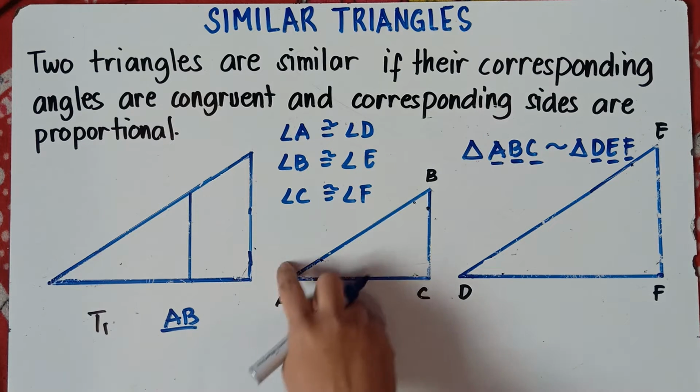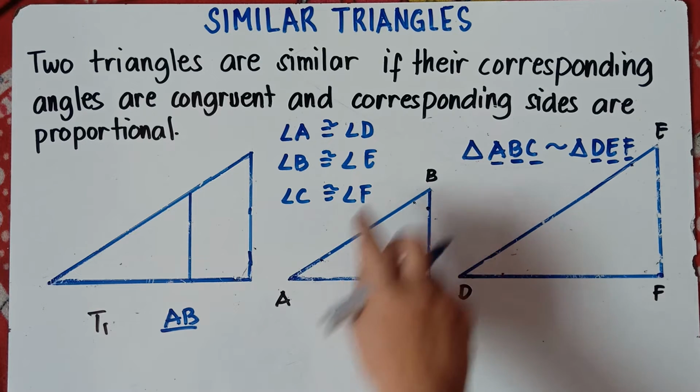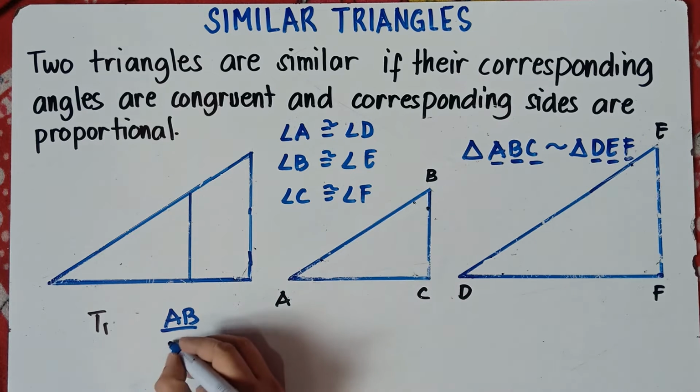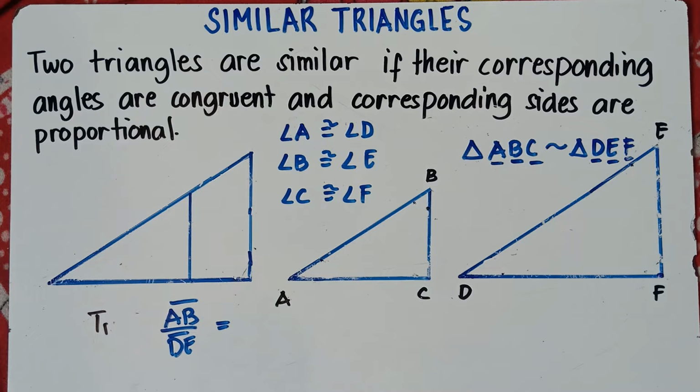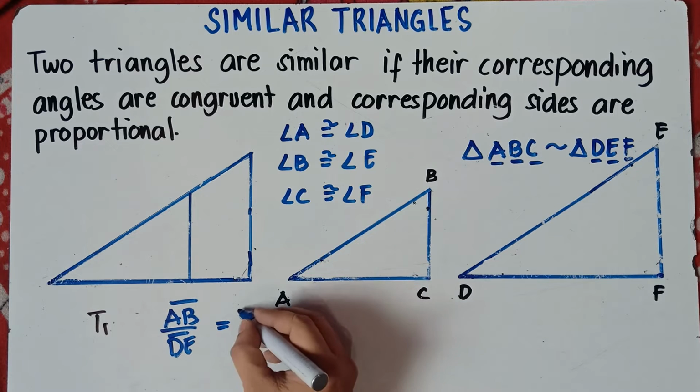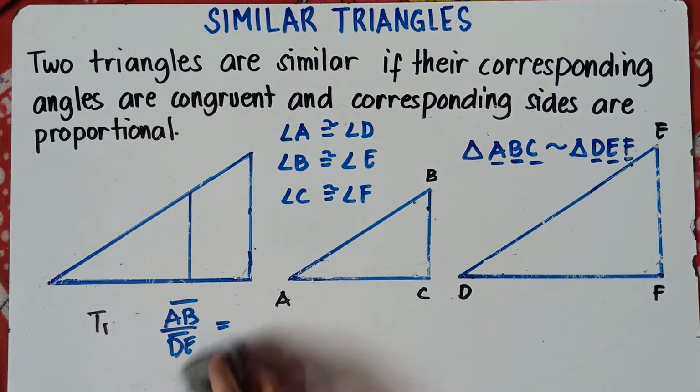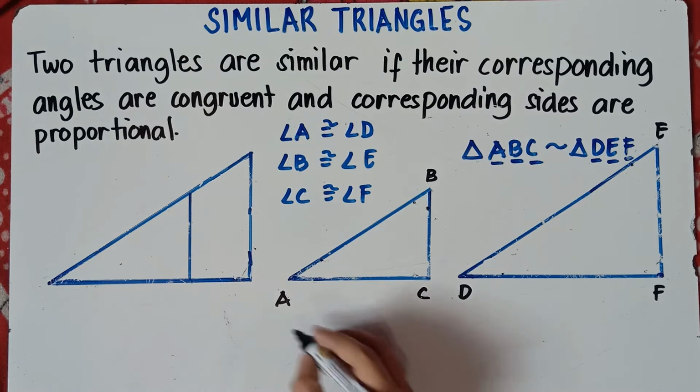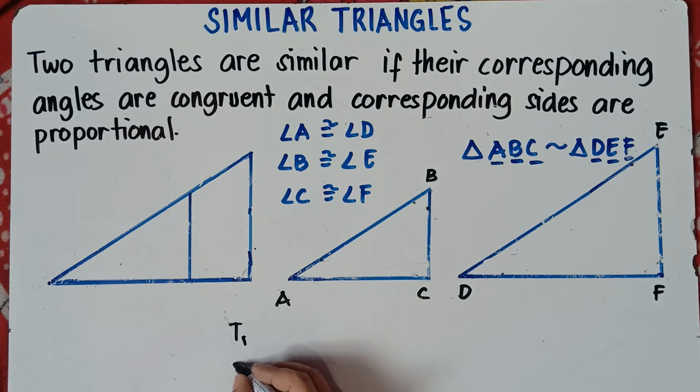Over, so once again we can make proportions. AB over DE, line segment AB over DE is equal to BC over EF. Line segment BC, we don't have enough space. Let me write it again, class. So triangle 1 and triangle 2, we can make proportions.